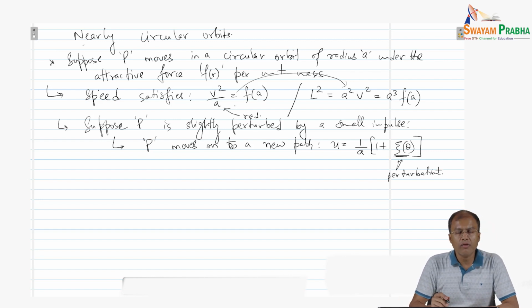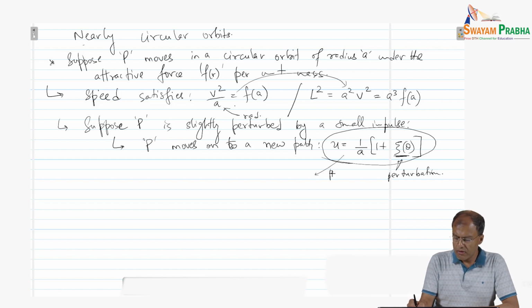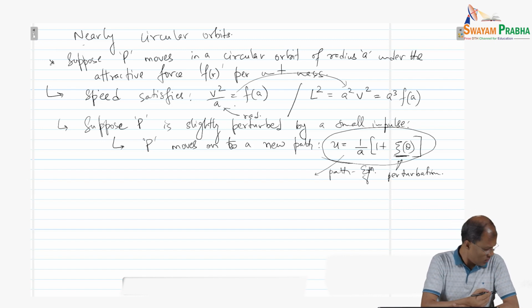So now I want to find what this zeta is. So again, I plug this variable u, which is in this form, in my path equation, which I derived in the previous module.